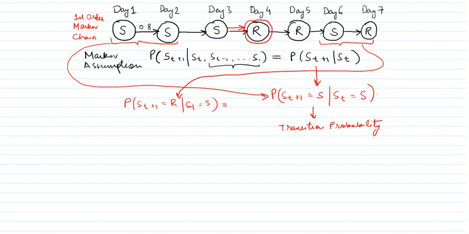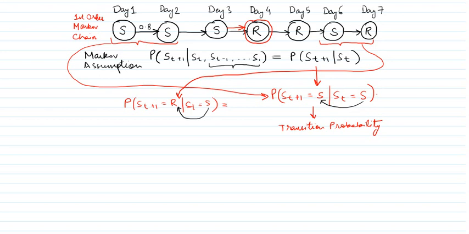So the states move from the previous condition to the next condition. The arrow is like this when we write it in probability: sunny to sunny, sunny to rainy here.